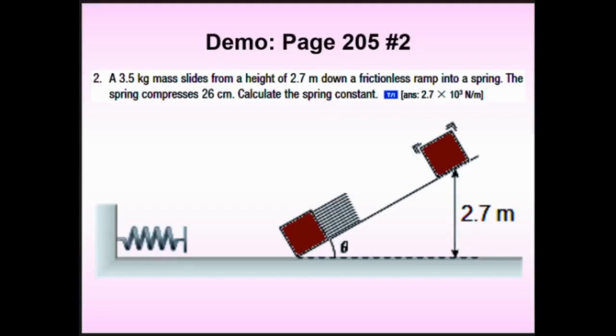A 3.5 kilogram mass slides. Does that mean anyone has to push it? Nope. A tilt with the gravity is all that's needed. It slides from a height of 2.7 meters above the ground. By the way, could I have given you the length of the ramp instead of the height above the ground? I could, but then I would need to give you the angle to apply some quick SOHCAHTOA to find the height above the ground. But for this one, they've already given you the height above the ground.